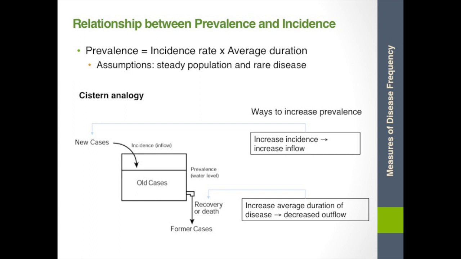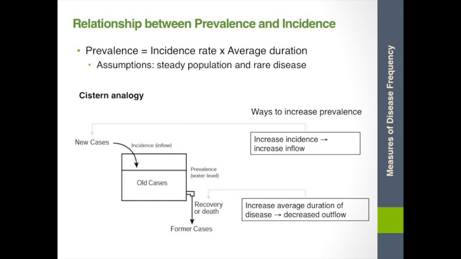Water also flows out, analogous to removal of prevalent cases because they die or are cured of the disease. Imagine that incidence, or the rainfall, and the rate of cure or death are initially equal. If so, the height of water in the cistern will remain constant.